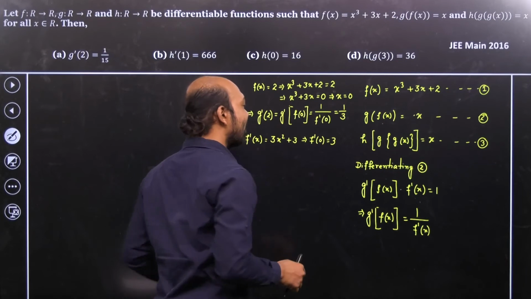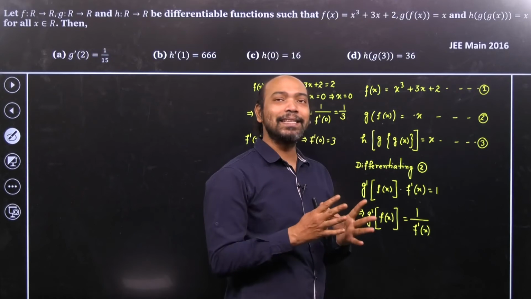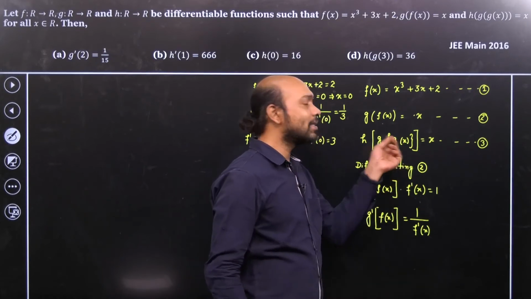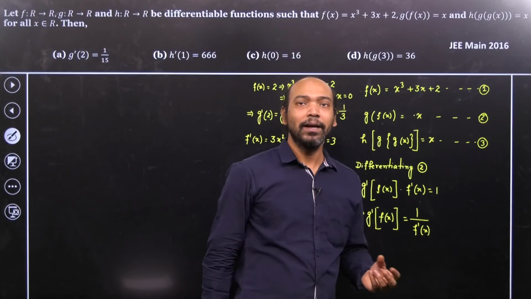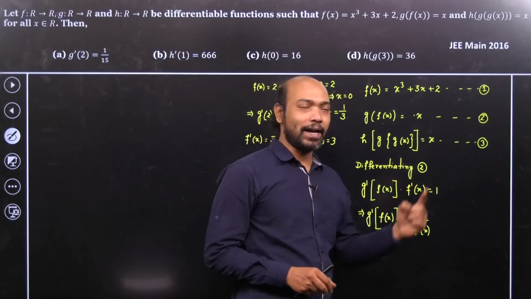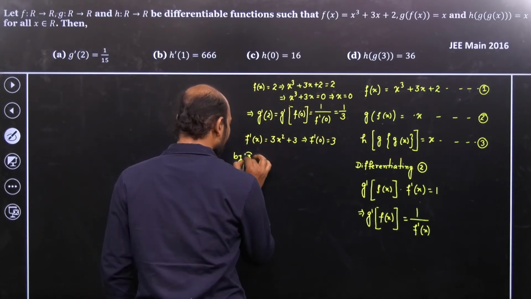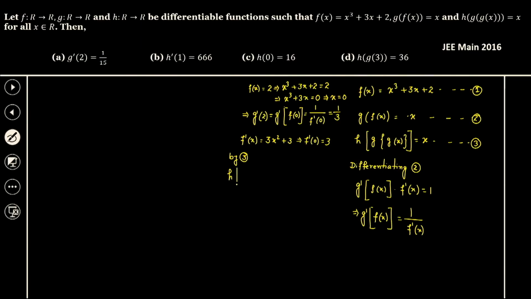Here, h of g of g(x) equals x, right? x is some value, so we can consider replacing x by f(x). So we'll say h of g of, again, instead of x I write f(x), is equal to f(x) itself.